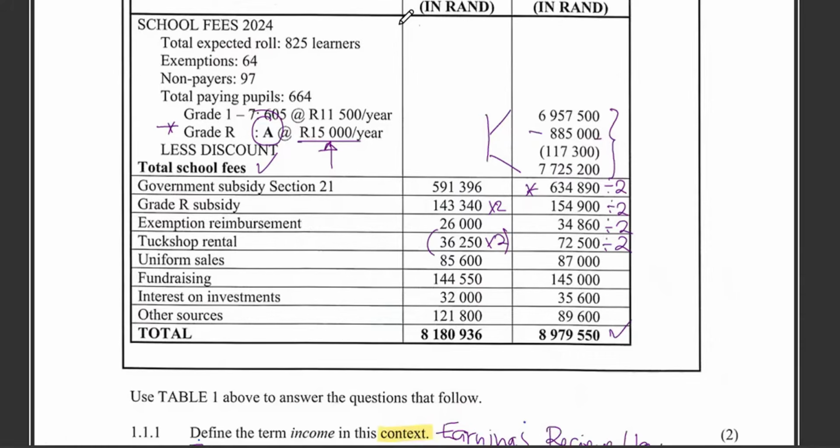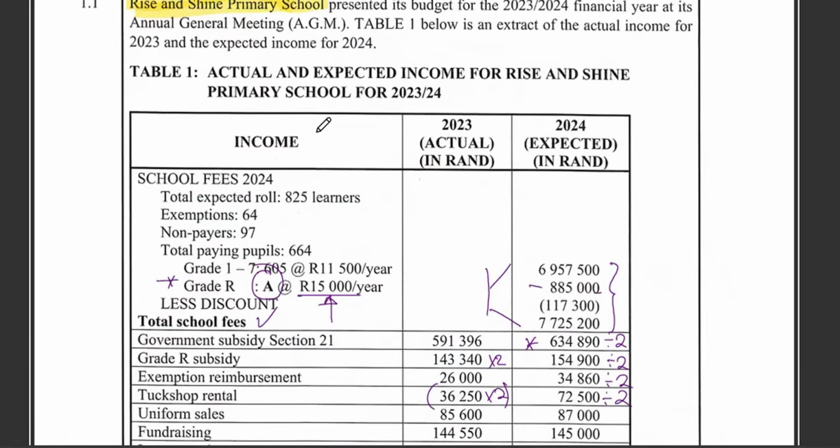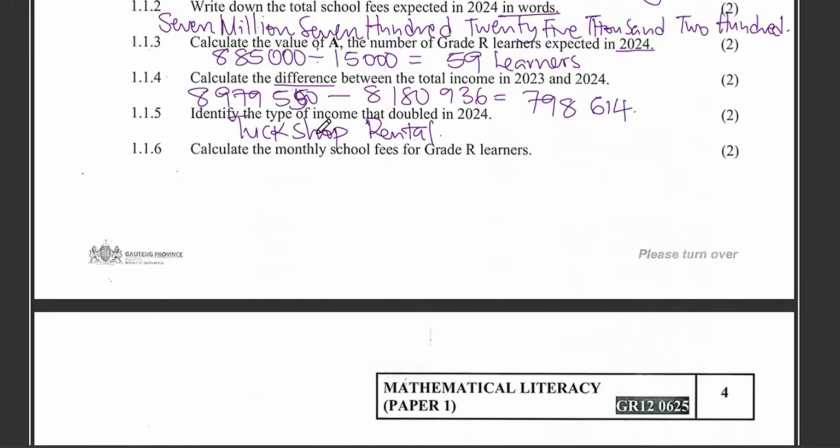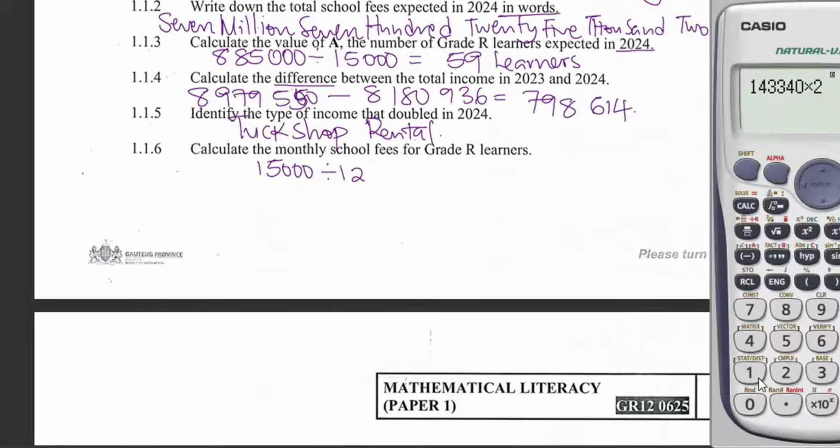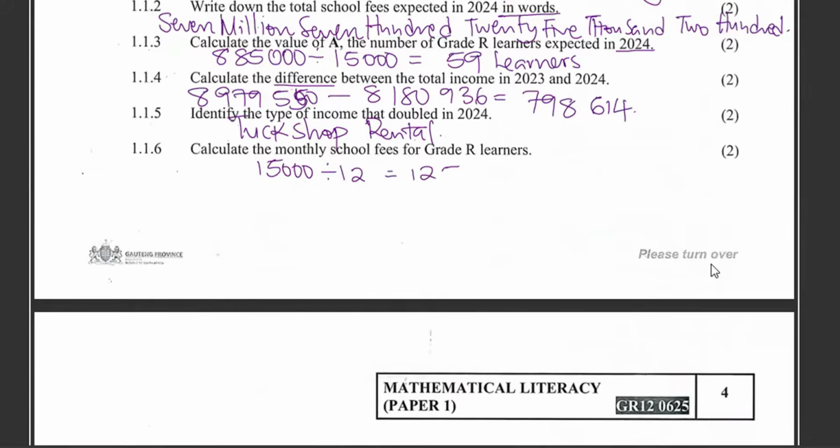So we shall say 15,000 divided by 12. Pick your calculator, don't guess please, divide that by 12, and you have 1,250. This is what we are looking for.